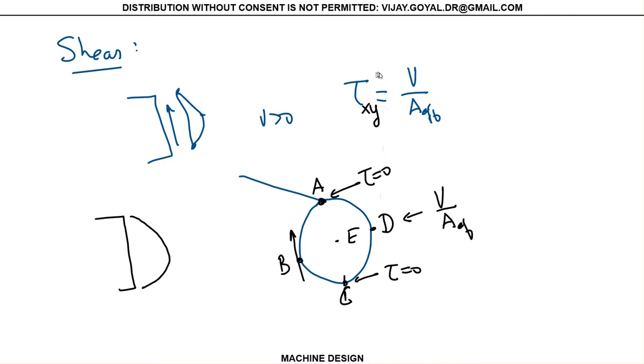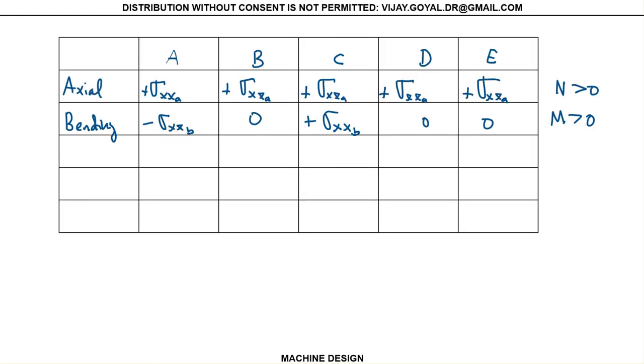In this case, they're all acting positively, upwards, because each point is going to have identically the same value. So if I go back to my table and keep adding to it, I say shear is tau xy.